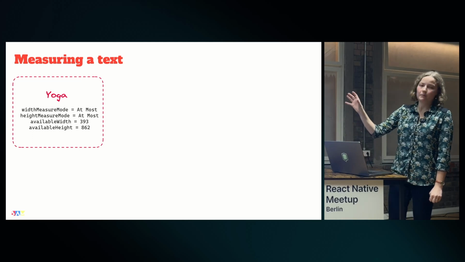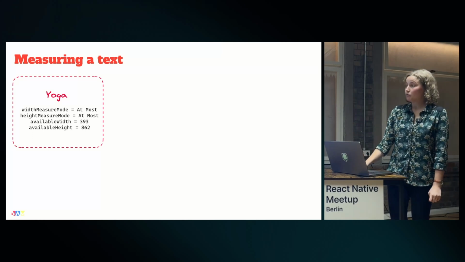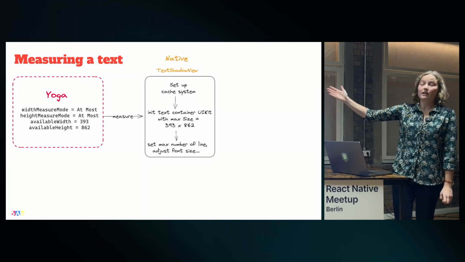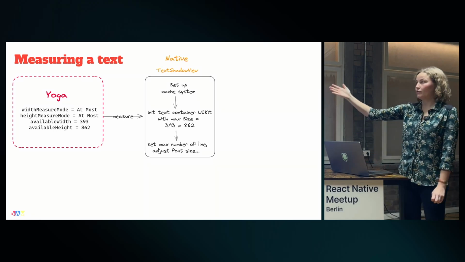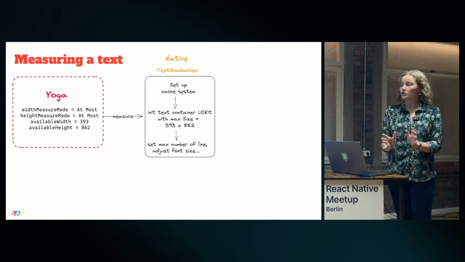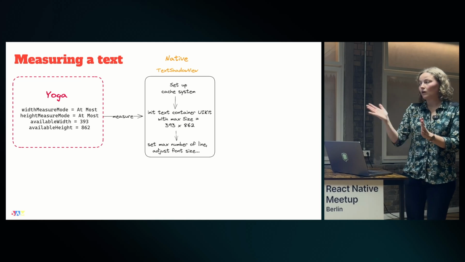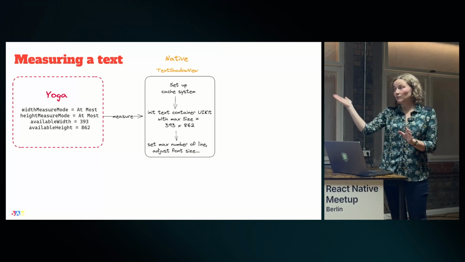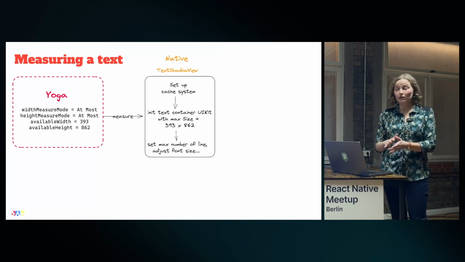We have these parameters coming from Yoga, and we go back to the native, asking to measure a text. This is the text shadow view. The function here basically does 3 things: setting up a little cache system, and then on iOS, it initializes a UIKit container with the maximum size given by Yoga.